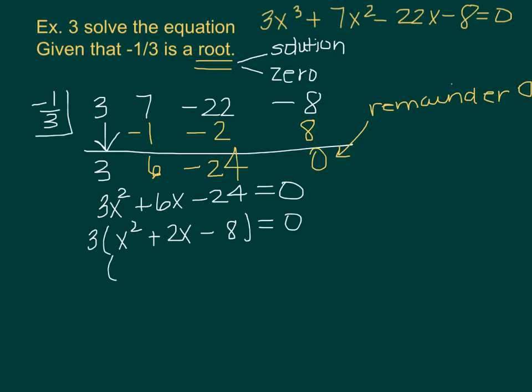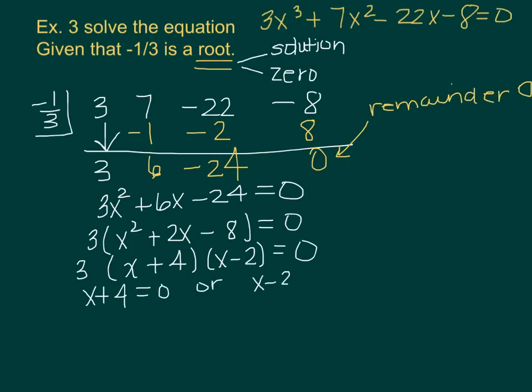And then I'll factor this. Then I set each one equal to 0 when I'm solving for x. So I don't need to set the 3 equal to 0. So x equals -4 or x equals 2.